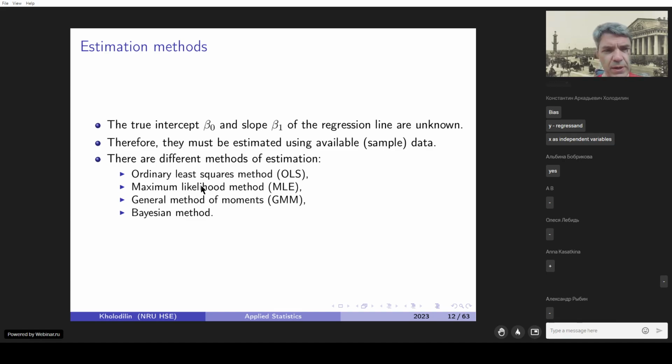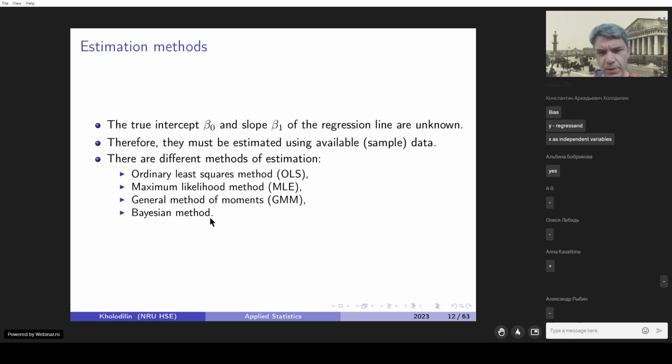Another method is maximum likelihood estimation, sometimes denoted as ML or MLE. In this course, we'll not talk about this anymore, but later you may face this technique. There's also the generalized method of moments. It's very likely that you will never meet it in your life. And there's a Bayesian method.